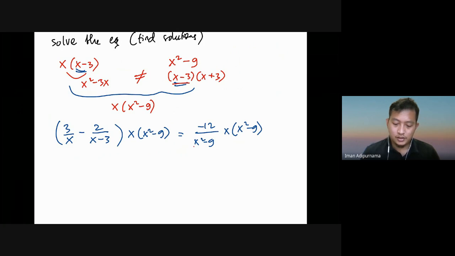Right, so this will be canceled, and this cancels this part, and this will cancel this, and then it will make x plus 3.